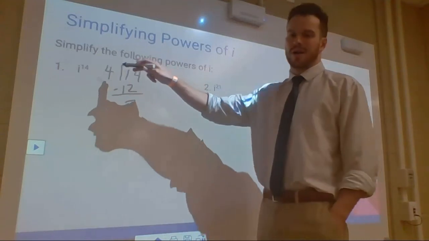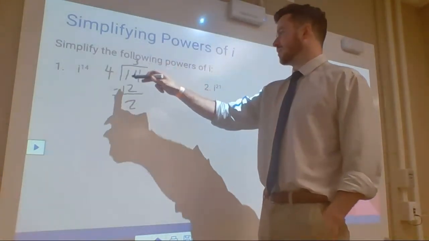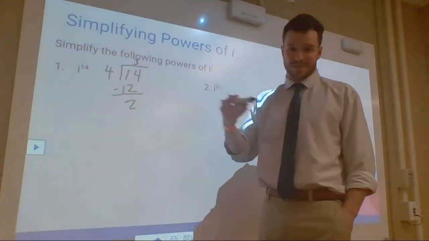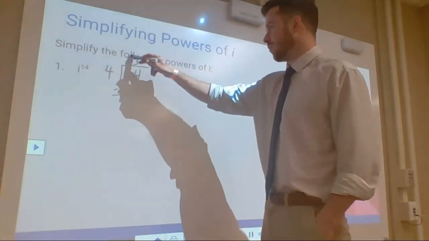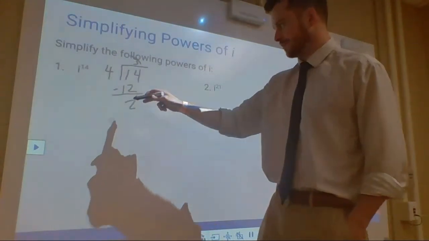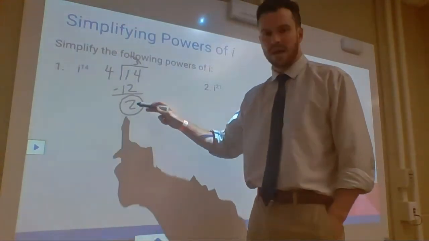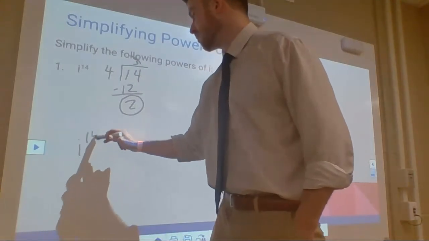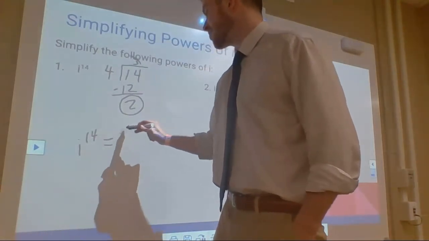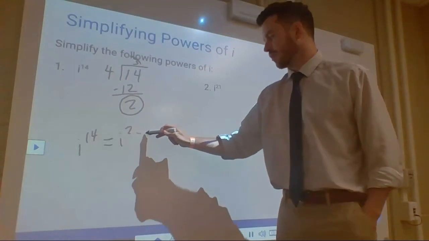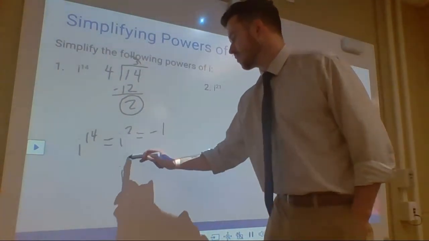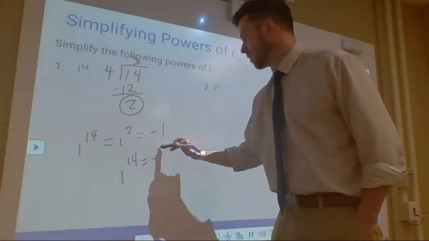I'm not worried about how many times 4 goes into 14. The 3 just tells me how many times the cycle repeats. I'm worried about the remainder. The remainder is 2, so i to the 14th power equals i squared, which, like I said earlier, is just -1. So i to the 14th power equals -1.